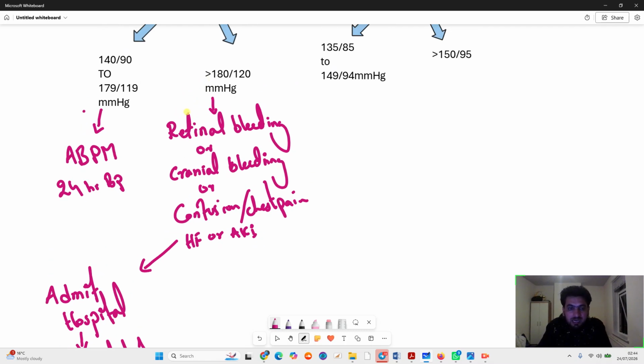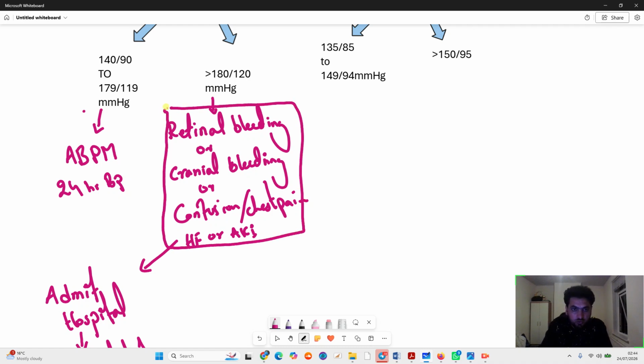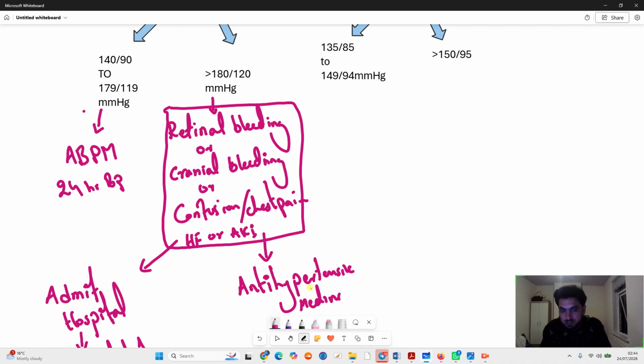But if the patient comes with this range and doesn't have any of these signs, you can start antihypertensive medicines. You are not waiting for the ABPM. In this range, ABPM is not advised. We straight away prescribe antihypertensive medicine.